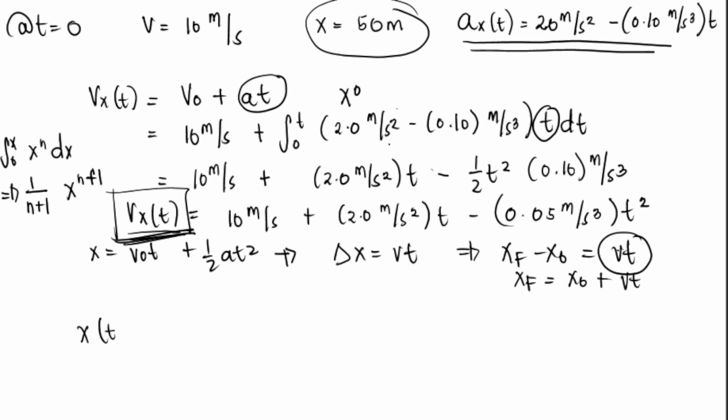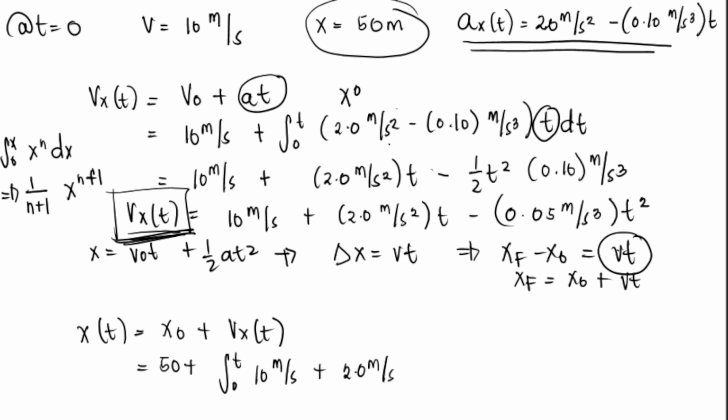So, x of t is equals to, okay, so yung x naught natin plus vx of t. Okay, so x naught is 50 plus integration from 0 to t ng vx of t natin, which is 10 meters per second plus 2.0 meters per second squared multiply by time minus 0.05 meters per second cube multiply by t squared.